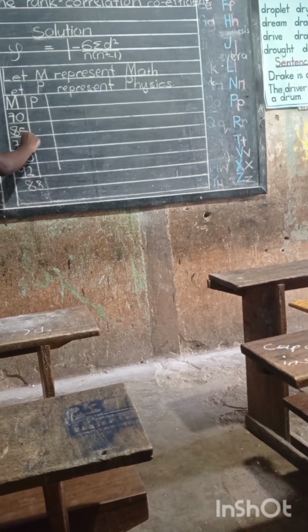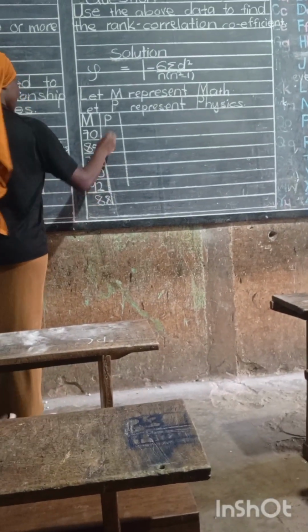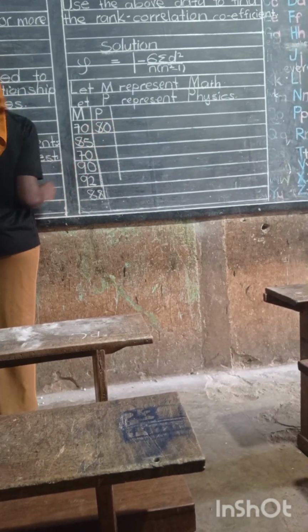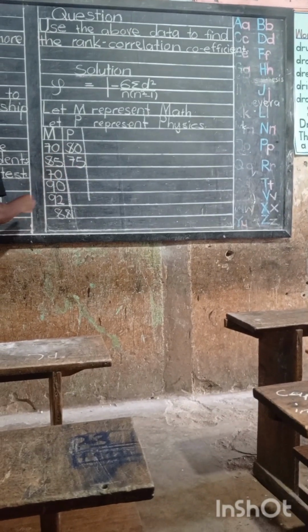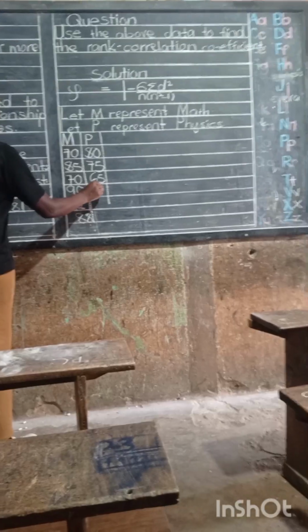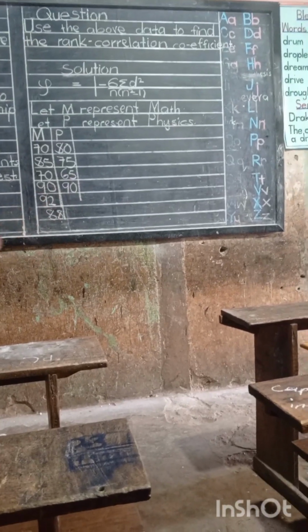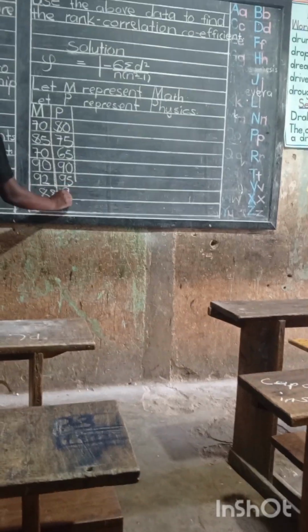That was for mathematics. The first one in physics had 80, 75, 65, 90, 95, and lastly 98.